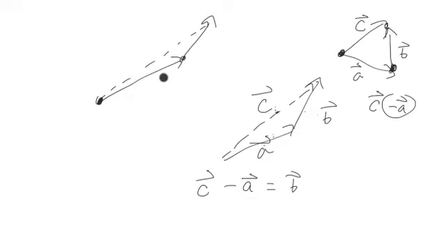Okay, so we have this neat description for adding. And this also works if we put this in a grid, in a coordinate system, and thought about coordinates. Initially, we had a vector over here.